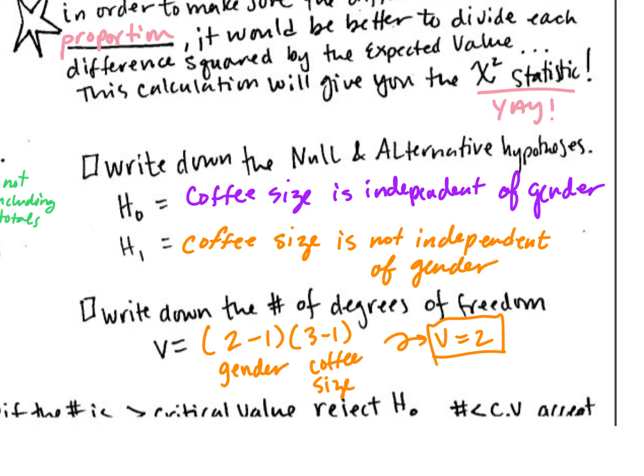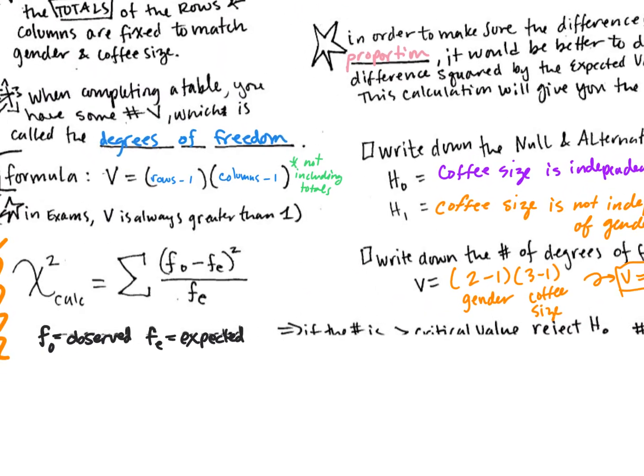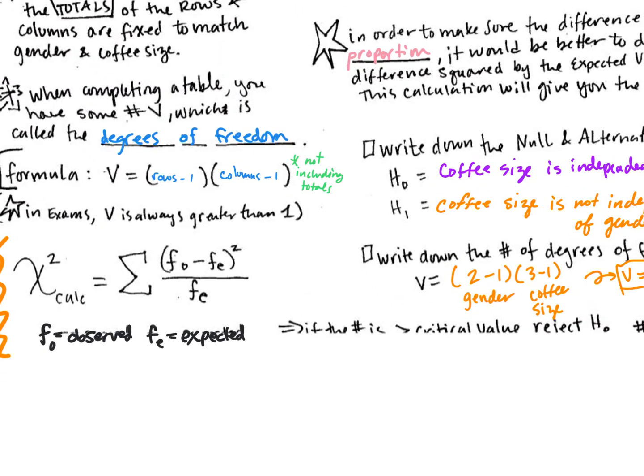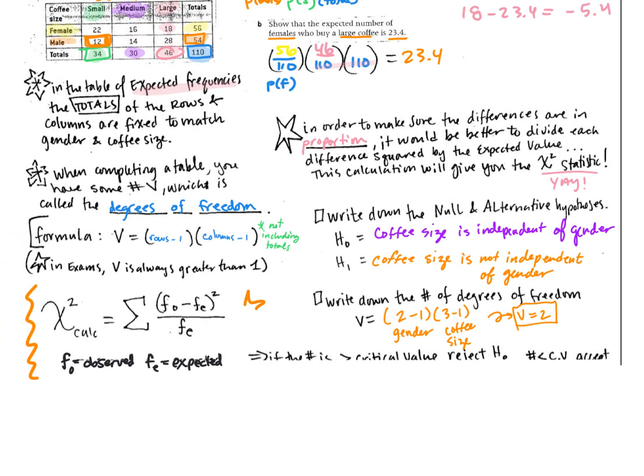So again, you're going to have this equation: the summation of your observed take away your expected, that thing squared, divided by the expected. I'm going to draw a star here because it's the star here also. It kind of explains it.